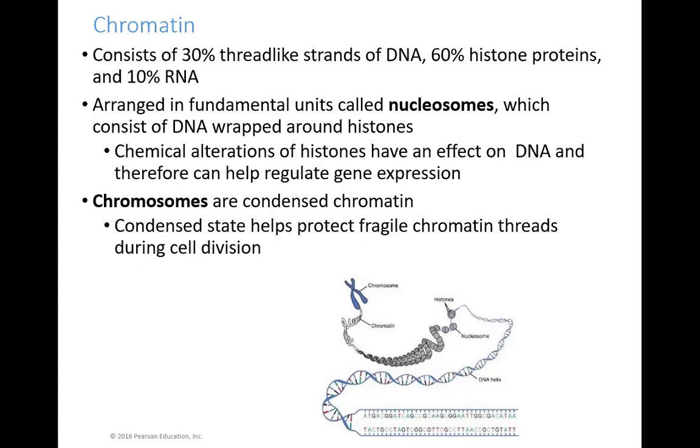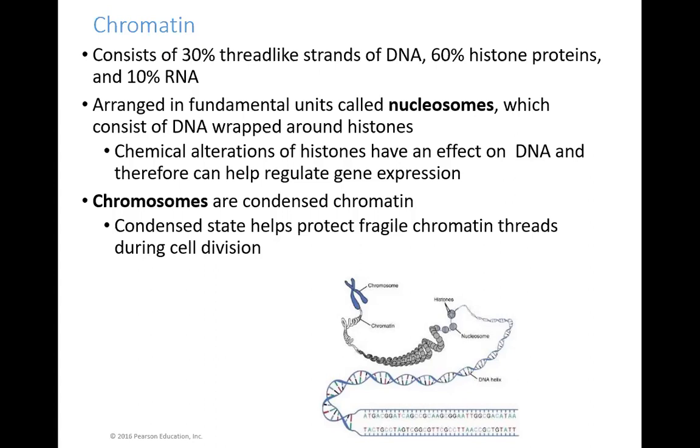So we wrap it around the histones and the RNA to form this chromatin so we can protect the DNA strand. So the DNA wraps itself around the chromatin, and it looks sort of like a candy cane. Candy canes have the red and white stripes, so that's sort of the effect we see here as they wrap around each other.